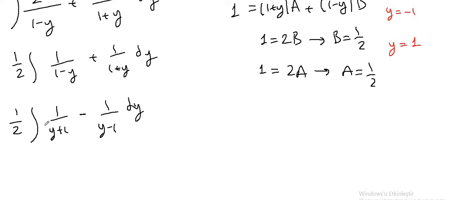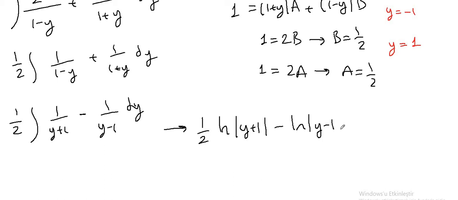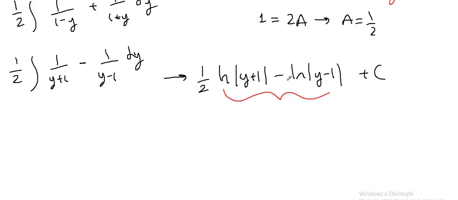Now we know how to integrate this. This is the integral of ln. So we have 1/2 times ln of y plus 1 minus ln of y minus 1 plus c. Now, using the logarithmic rules, we can condense these two ln's. If we have subtraction, we can condense it using division.